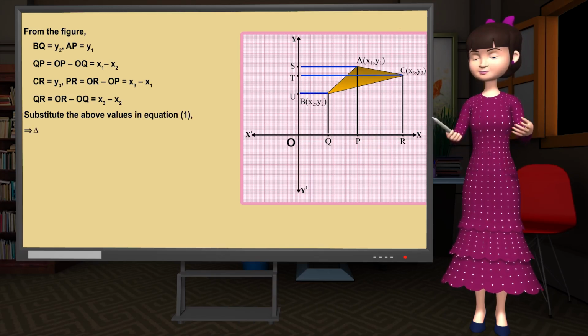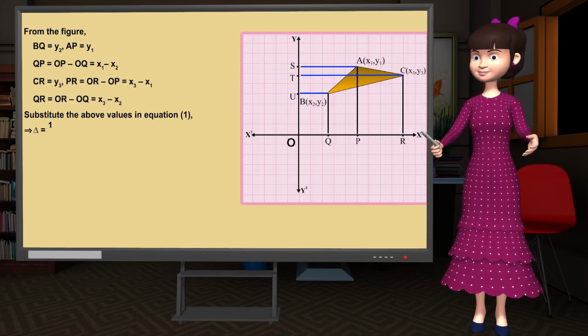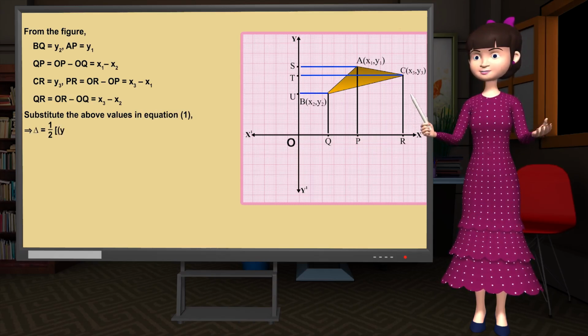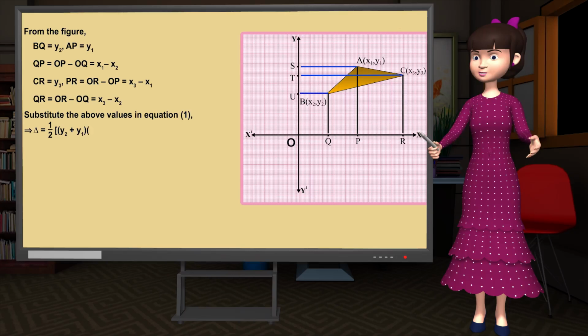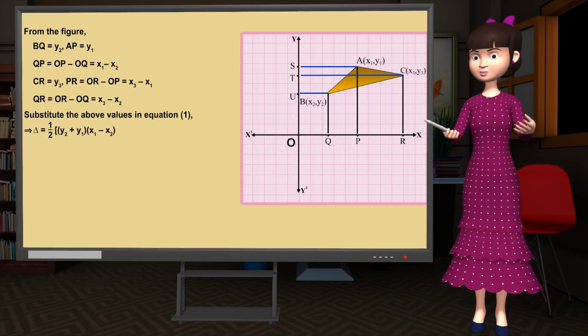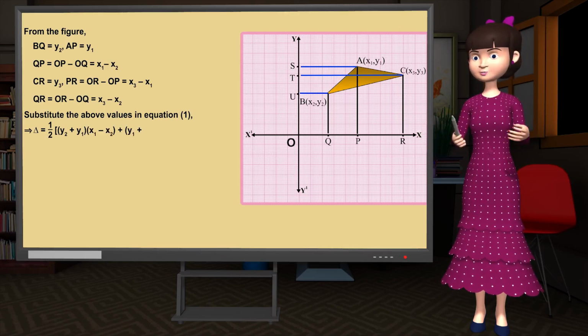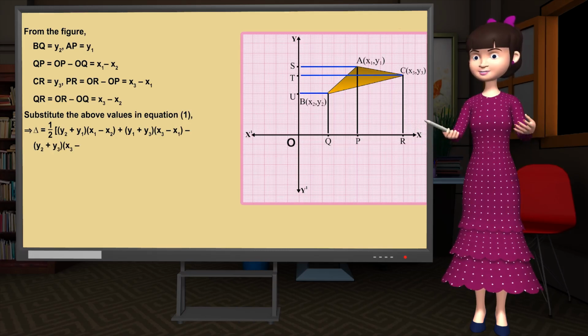We get area of triangle is equal to half into (y2 plus y1) into (x1 minus x2) plus (y1 plus y3) into (x3 minus x1) minus (y2 plus y3) into (x3 minus x2).